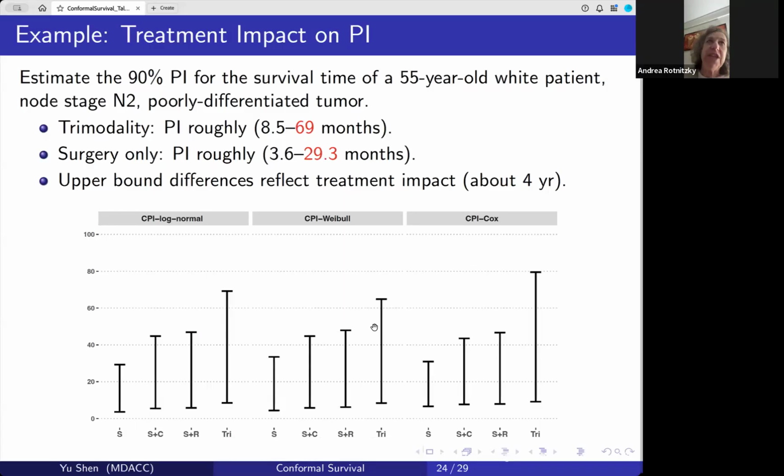Right. But what I'm saying is that when you are using the conformal intervals to recommend treatment, I fear that you are making a causal inference assertion.